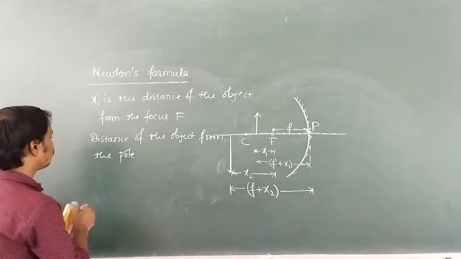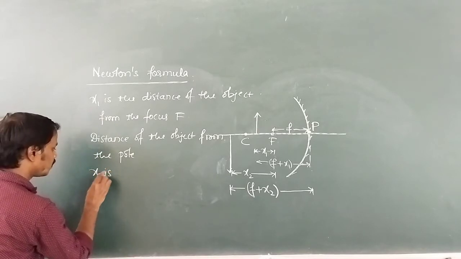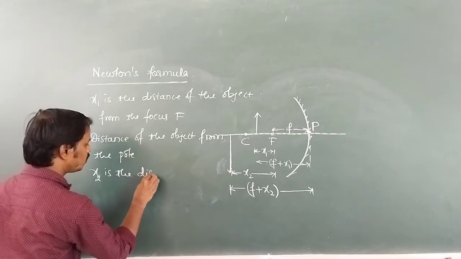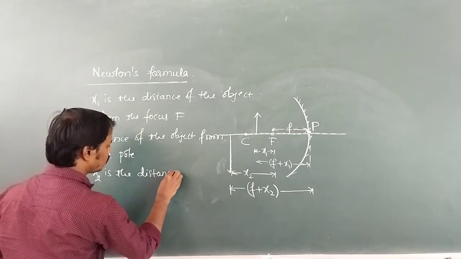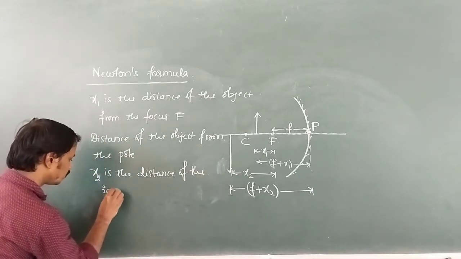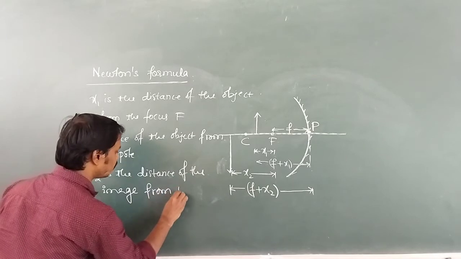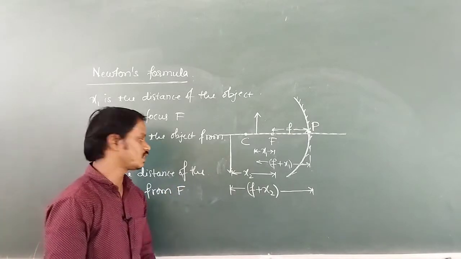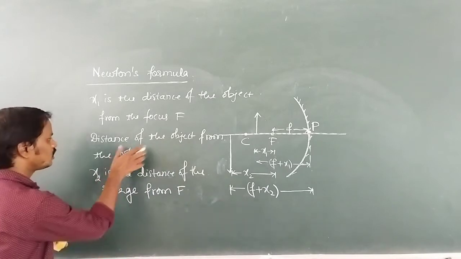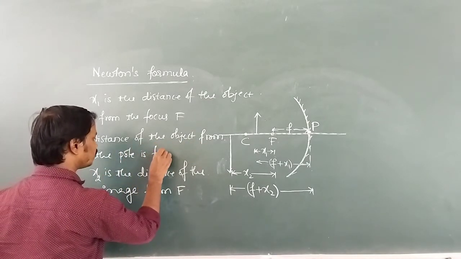Now what is x2 here? x2 is the distance of the image from the focus. Then the distance of the object from the pole is f plus x1.